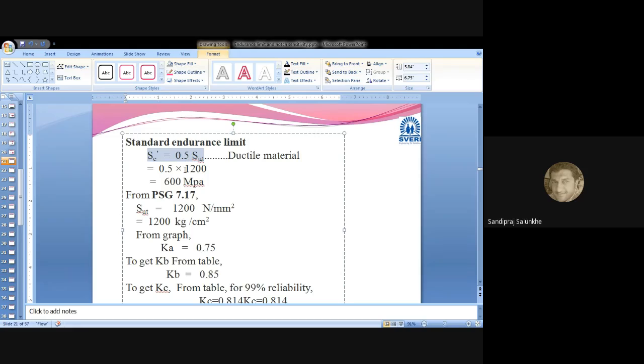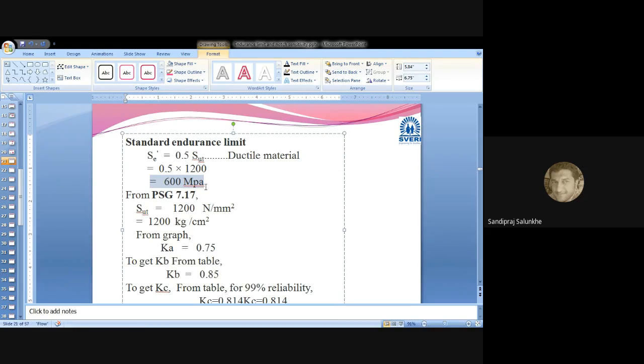In the previous lecture we have seen various formulas by means of which we calculated it, roughly from the design data book. Now this formula should be by heart to you. It will not be given anywhere in the statement. So this sigma E dash is calculated as 0.5 into 1200, and it is 600 megapascal, that is 600 Newton per millimeter square.